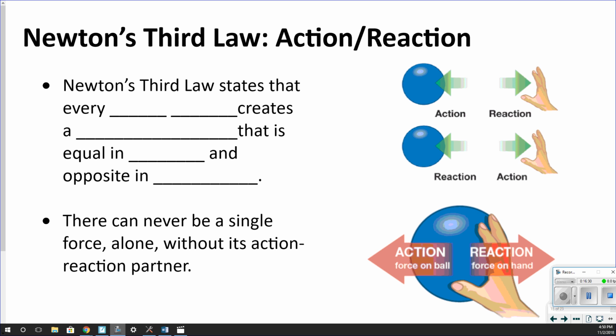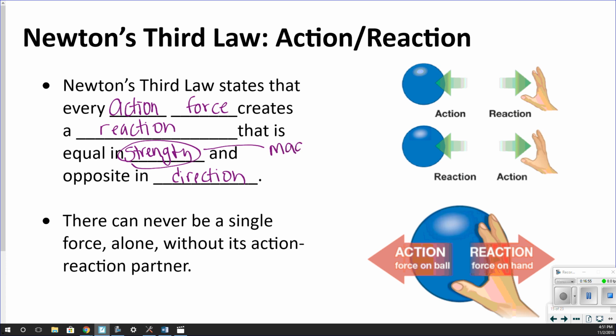Okay, here we have Newton's third law states that every action force creates a reaction equal in strength and opposite in direction. One thing I want you to pick out about this word strength, it also can mean magnitude.